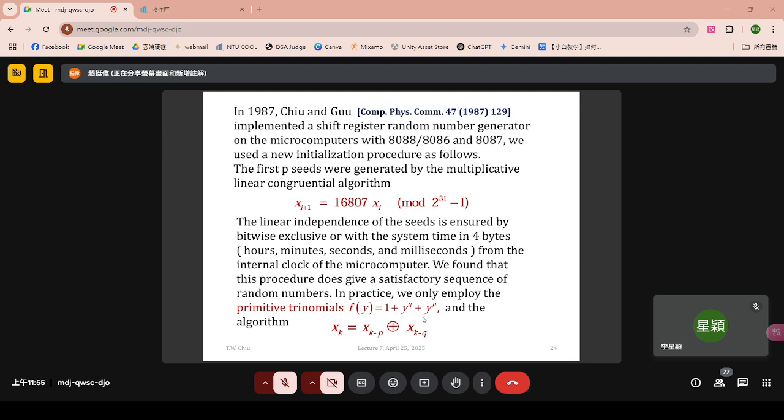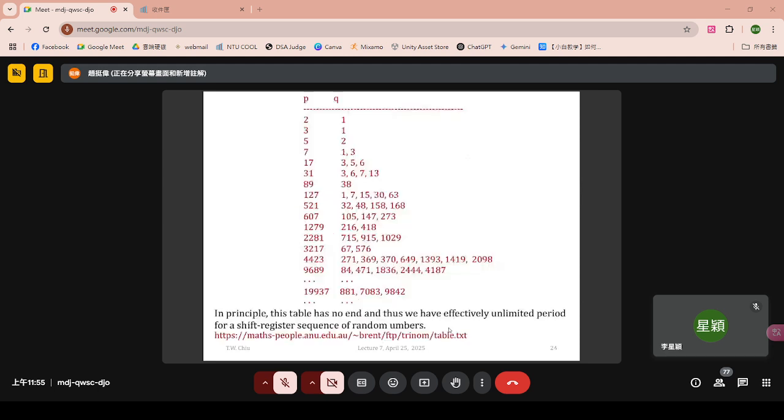I only need this P and Q, and then the bit-by-bit exclusive OR of this sequence gives a very good random integer sequence. The choices of P and Q are many: for different P there are many different choices of Q, and P could be very large, which means the period will be very large, for example P equals 19937.